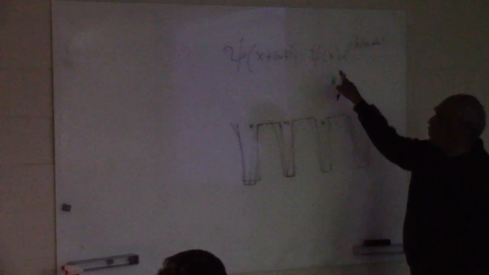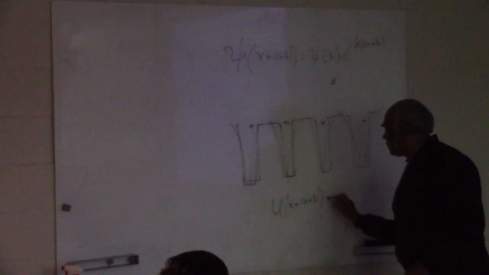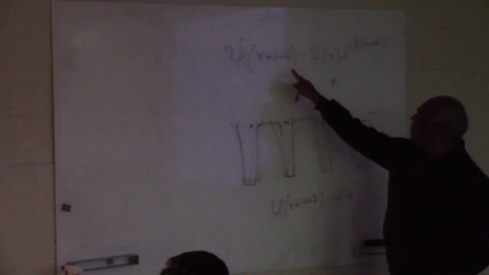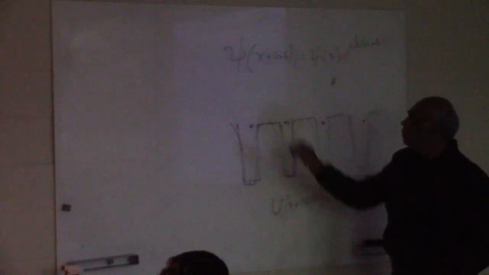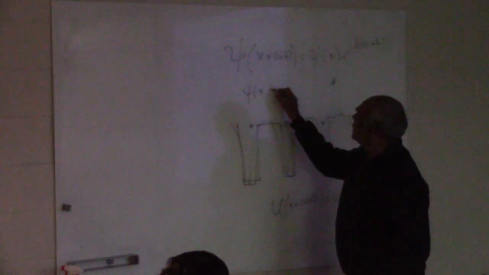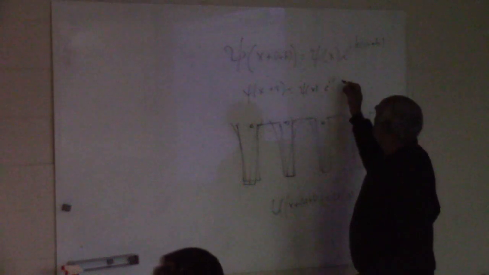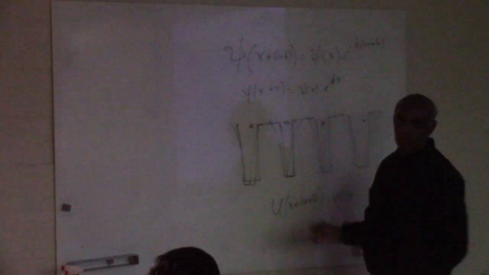You have to know the periodicity because your u goes like u(x plus A plus B) equals u(x), right? That's the periodicity. Then your Bloch wave function should have this form. Remember the second form, psi(x plus t) equals psi(x) times e^{ikt}, right?